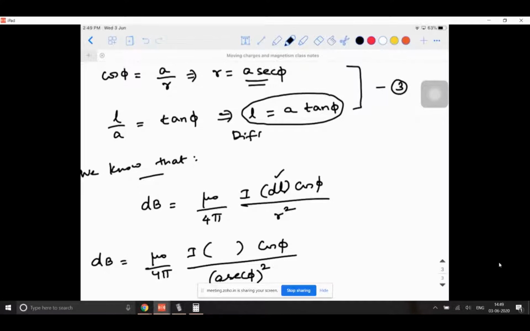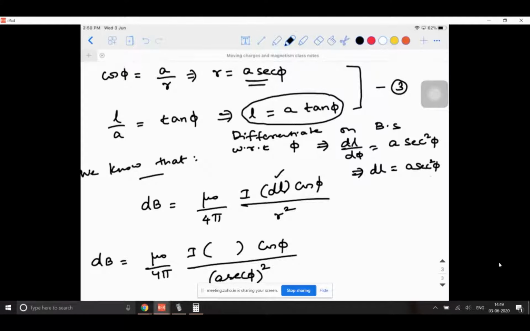So you need to differentiate on both sides, with respect to the variable, with respect to phi. Then what I will get here is dl divided by d phi is equal to a into the derivative of tan phi, which is secant square phi, which implies dl will be equal to a secant square phi d phi.